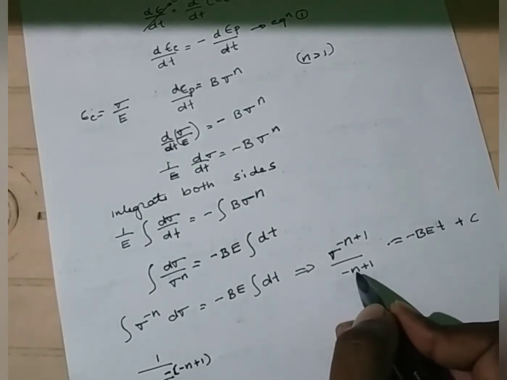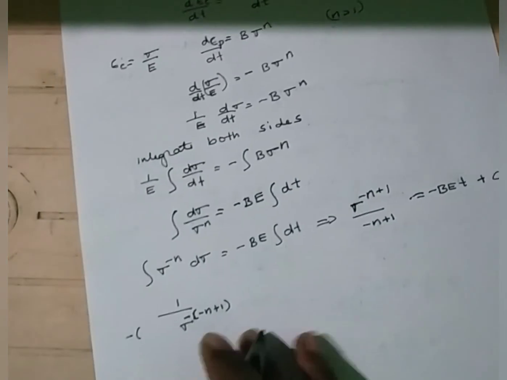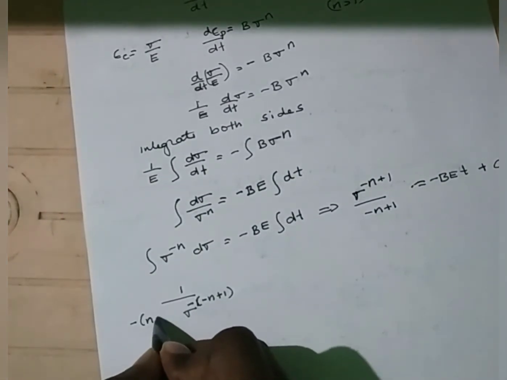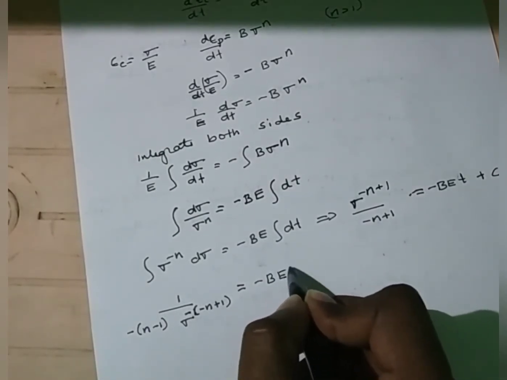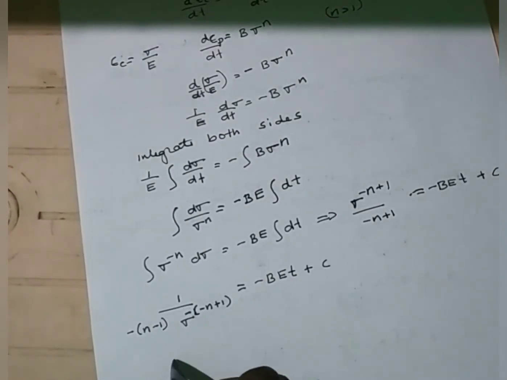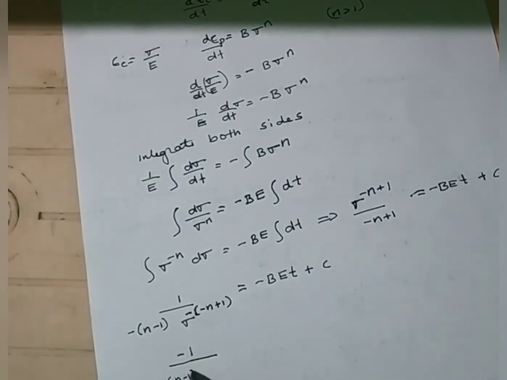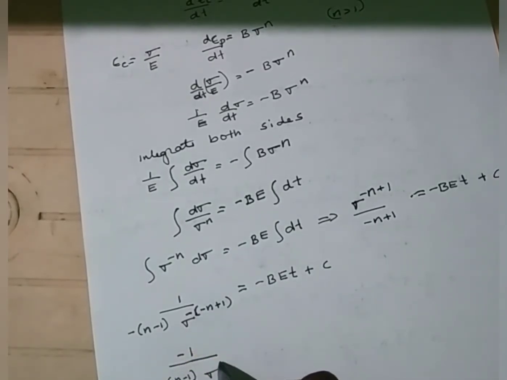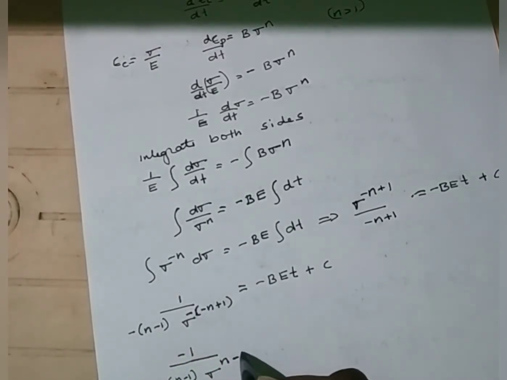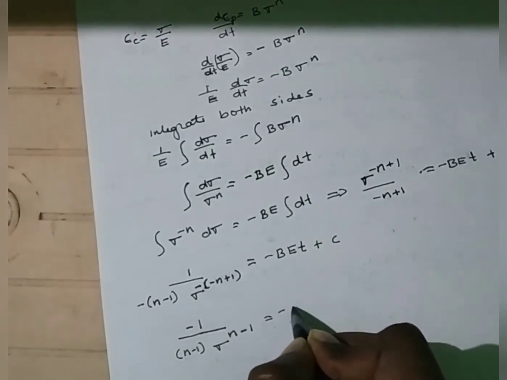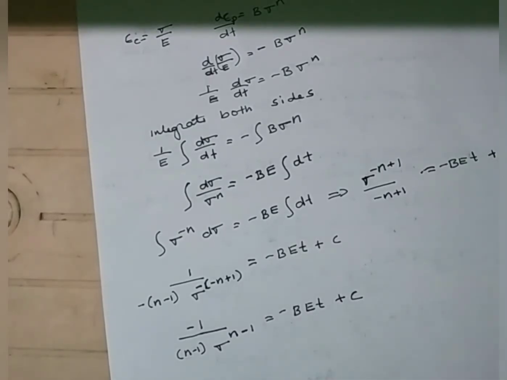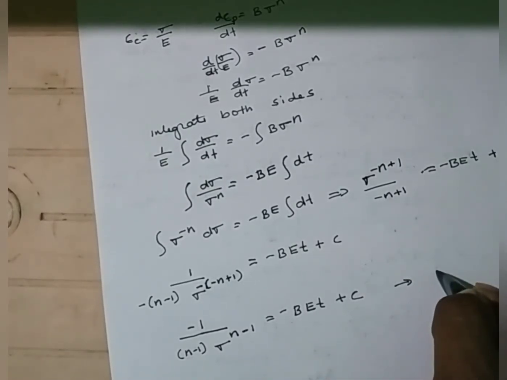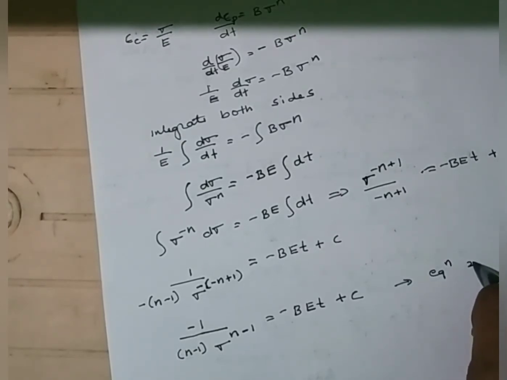Take minus common, and it will become n minus 1, is equal to minus Bt plus C. Now the equation becomes minus 1 divided by n minus 1, sigma power minus n plus 1, that is, sigma power n minus 1 in the denominator, is equal to minus Bt plus C. I'm going to take this as equation number 2.